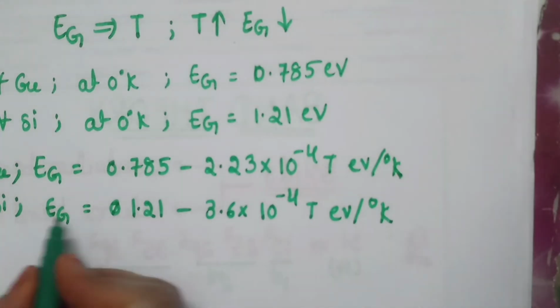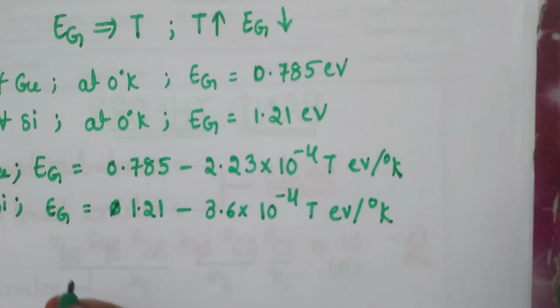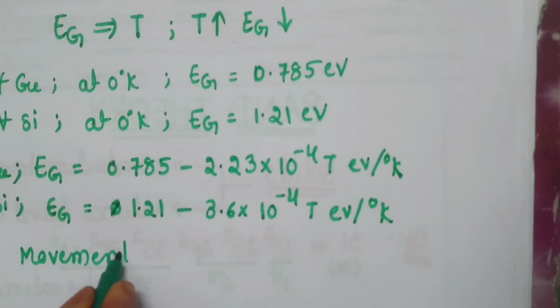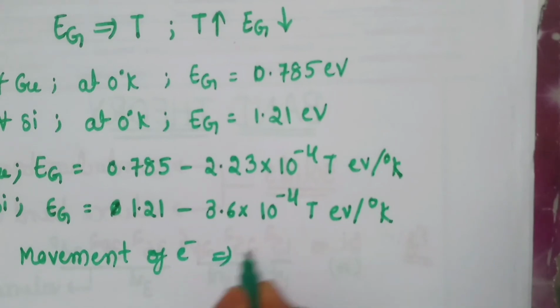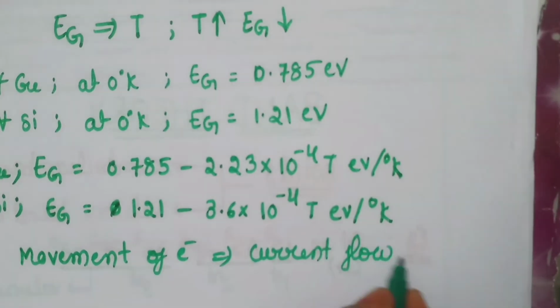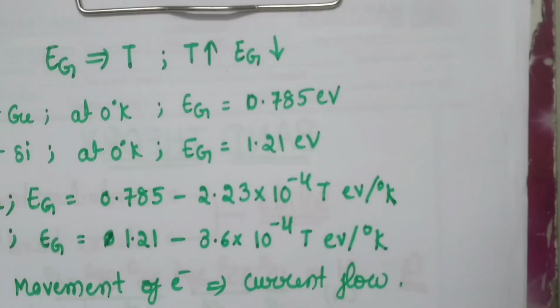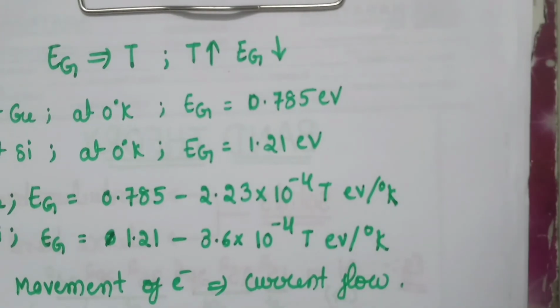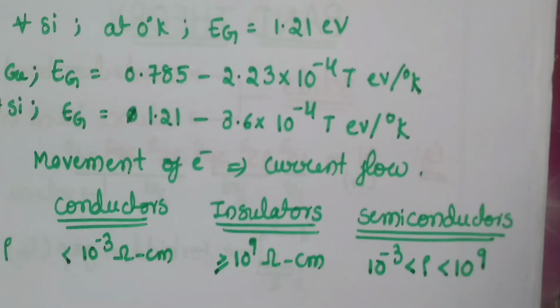Hence, we can say that the energy gap is a function of T. The movement of electrons in the solid can cause the current to flow. Hence, we can say that semiconductors are the solids in which the movement of electrons from the valence band to the conduction band depends upon the temperature and the external field. There is a small amount of conduction taking place in the case of a semiconductor.